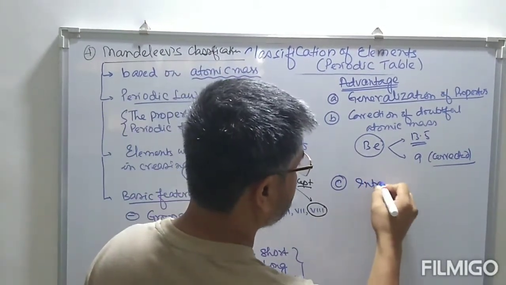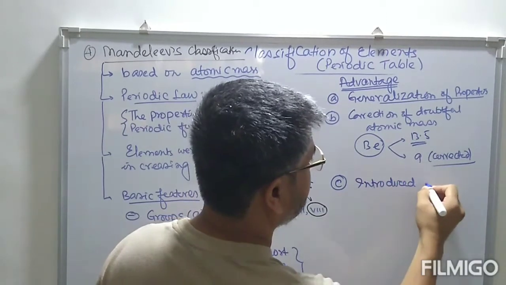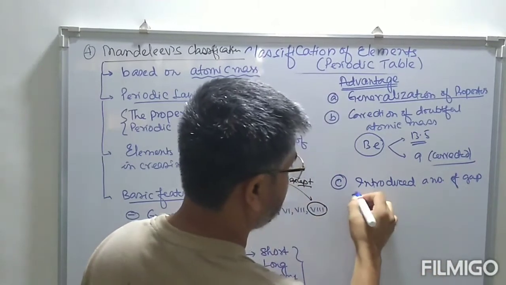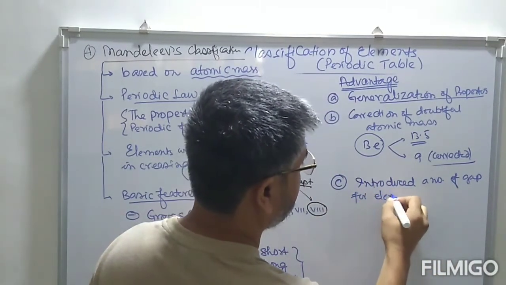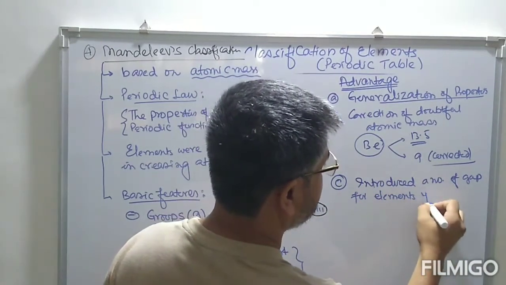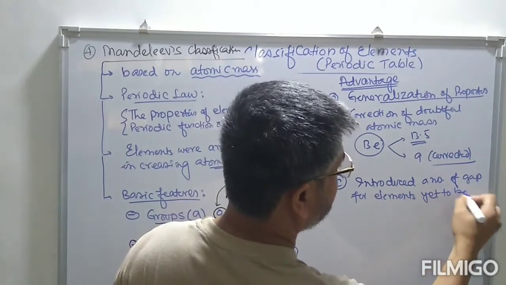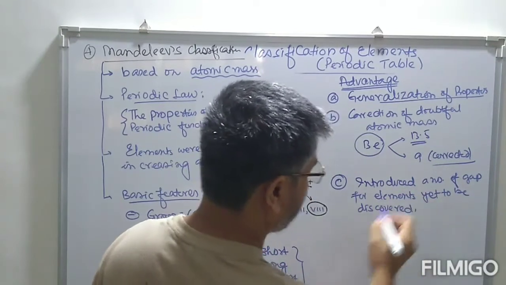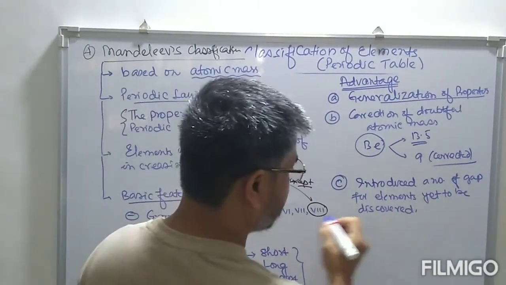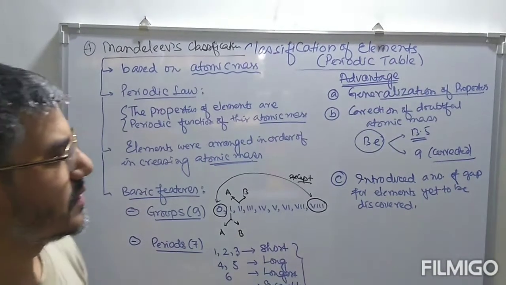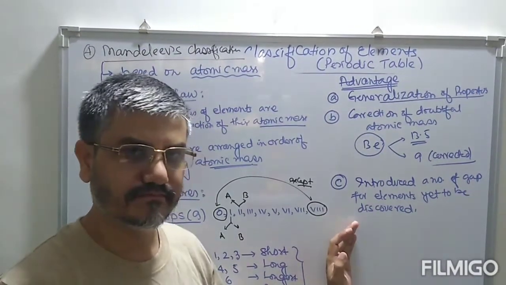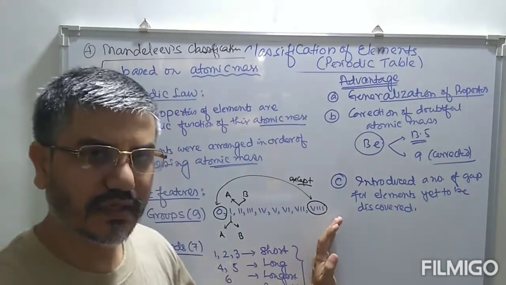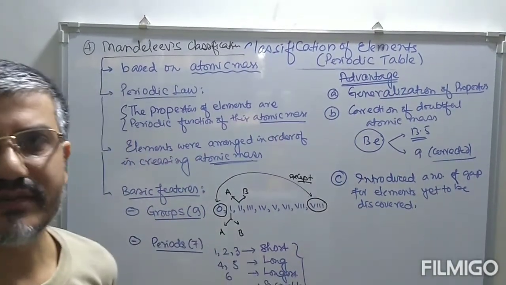So he introduced a number of gaps for elements yet to be discovered. Like look at these elements: germanium and gallium were not discovered at that time.